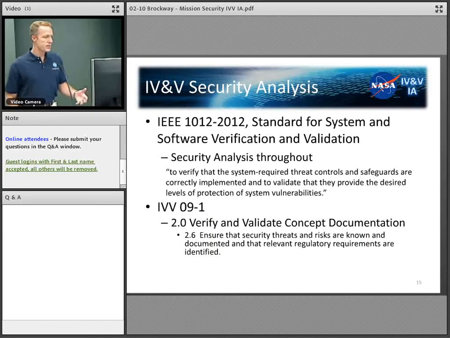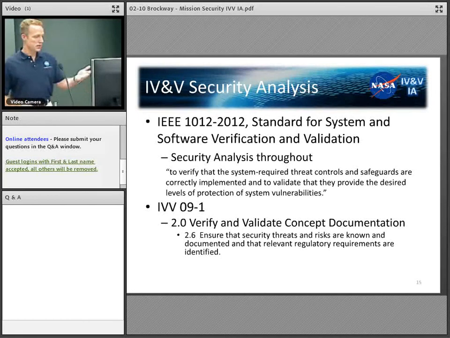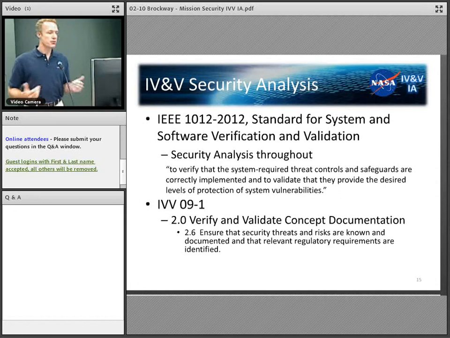So revisiting IEEE 1012, and to be more specific, quoting from 1012, security analysis throughout is there such that to verify that the system required threat controls and safeguards are correctly implemented, and to validate that they provide the desired levels of protection of system vulnerabilities. So verify and validate.